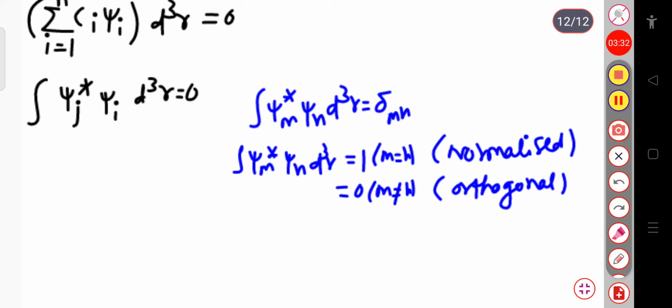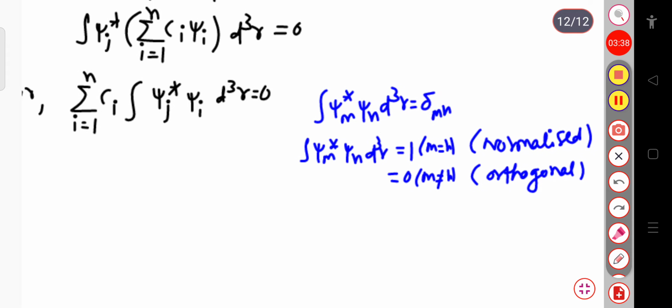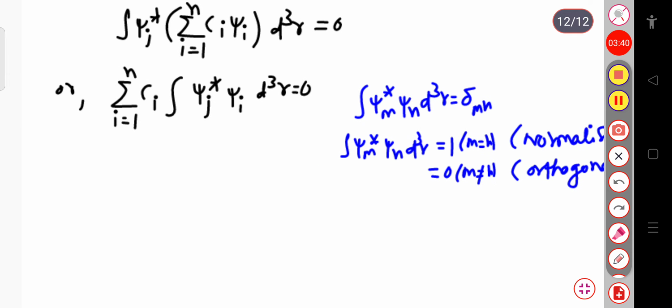So now you can see that in place of the integration of psi j star psi i dτ, we can simply write delta ji. So this is the sum over i equal to 1 to n of ci, and in place of the integration I can write delta ji, the Kronecker delta function.